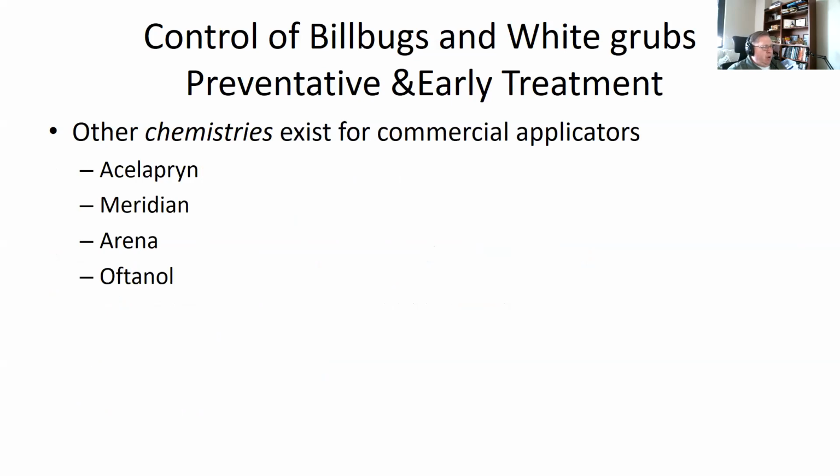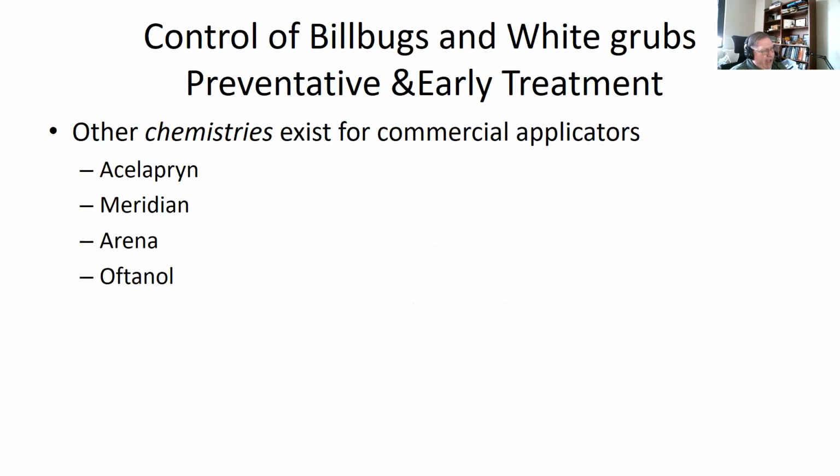Now, there are some more common commercial products. Meridian is one. Acelepryn is another. This acelepryn is actually the active ingredient in Scotts GrubEx. The reason I bring up Scotts GrubEx is that acelepryn is not organic, but it's very reduced risk, and it doesn't break down in alkaline soil.